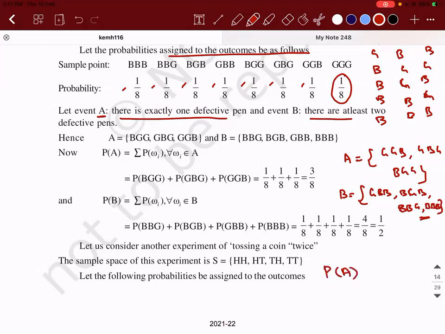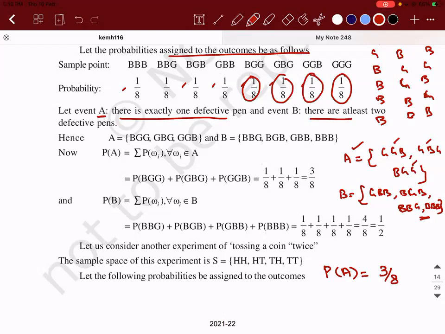So what is going to be the probability of event A to occur? Now you tell me. It is 3 by 8, 3 elements in the sample space divided by 8. This 3 by 8 can be obtained by adding this 1 by 8, this 1 by 8, and this 1 by 8.